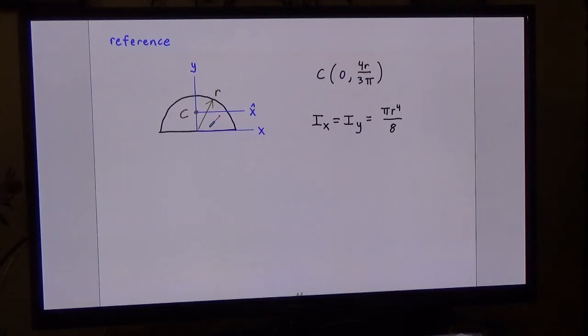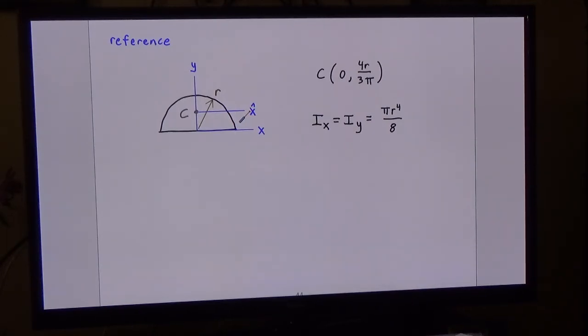But unfortunately, we're not given I about x hat. We're given I about this x and I about this y. In order to use the parallel axis theorem, I can't use I about x. I need to be able to calculate I about x hat.